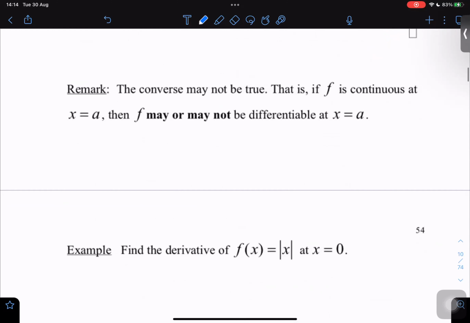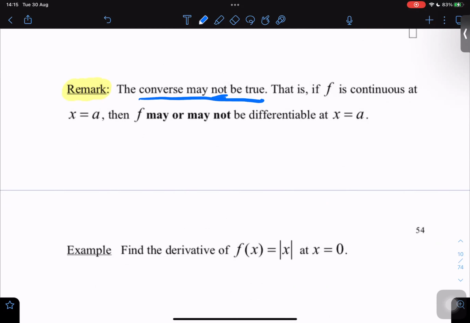One of the most important things about this is that the converse is not true. When you have a continuous function, it doesn't mean that it is differentiable. You cannot conclude that.